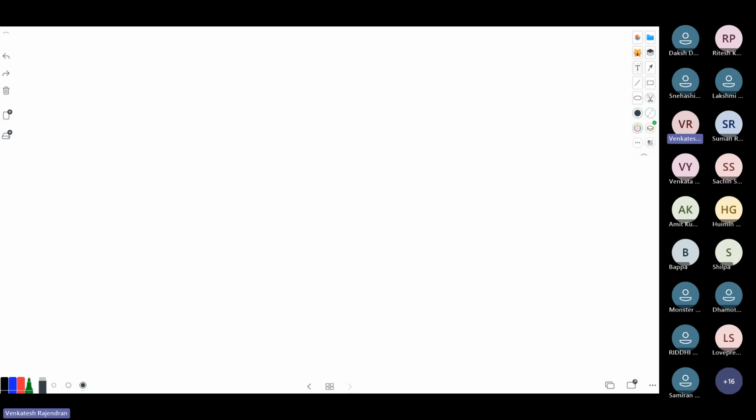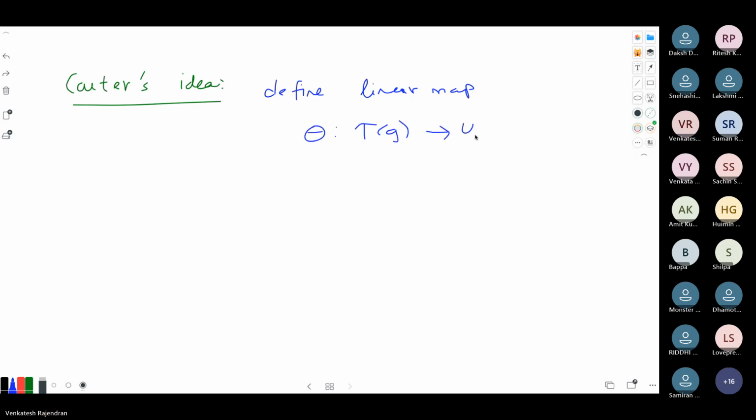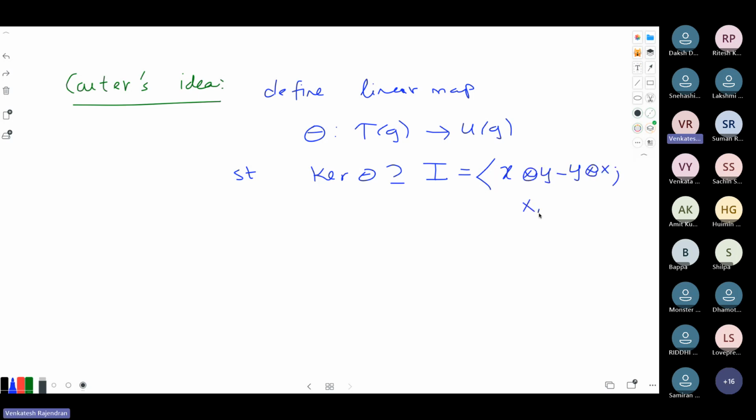Okay, so then Carter's idea: define this linear map, let's call it theta, from TG to UG, such that the kernel of theta contains the ideal I. Okay, this is a two-sided ideal generated by x tensor y minus y tensor x, where x, y come from G. And obviously this is a surjective map.